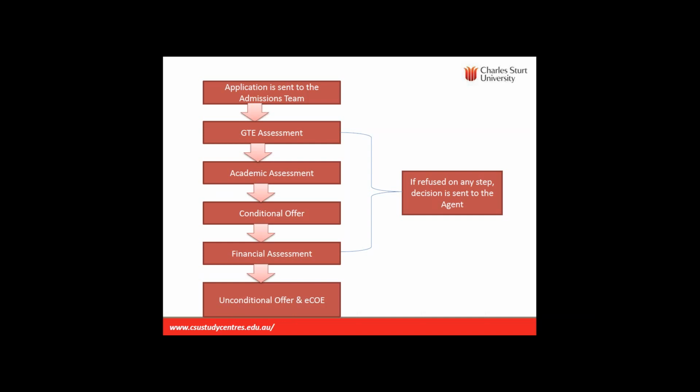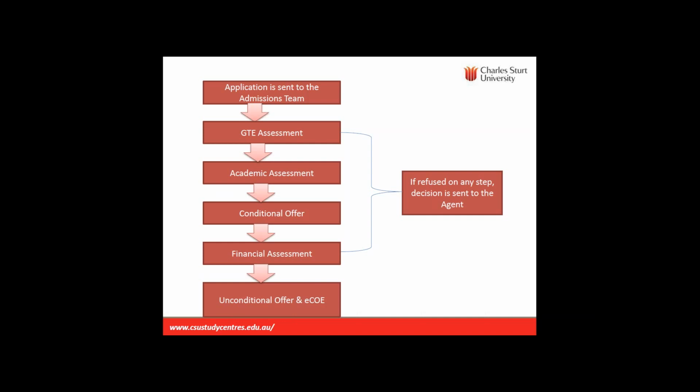That keeps everybody in the loop and on the same page, and in case you need help to chase the application or follow up on your case, we will be able to assist you shortly. So after you send the application with your URN number and the documents, and you copy in your partner sales manager and your brand person, that is myself, it moves to the GTE assessment level.